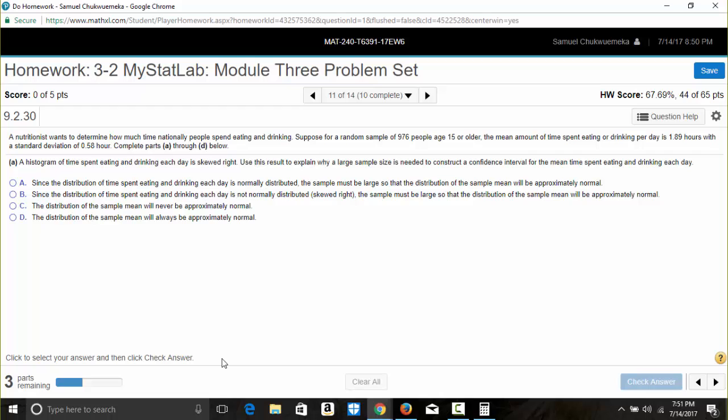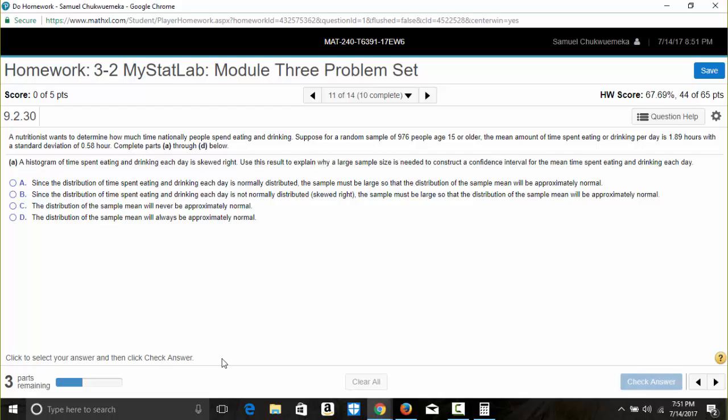A histogram of time spent eating and drinking each day is skewed right. Use this result to explain why a large sample size is needed to construct a confidence interval for the mean time spent eating and drinking each day. We look at this here.